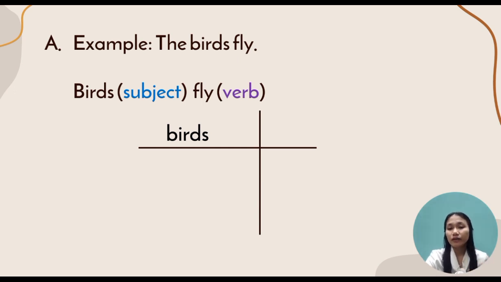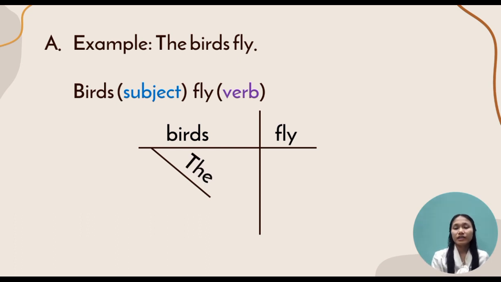The verb is usually written on the right corner of our diagram. And for the extra word, the word the, we make use of a slanting line, which we draw below our subject, and that is where we put our word the. So, the birds fly.